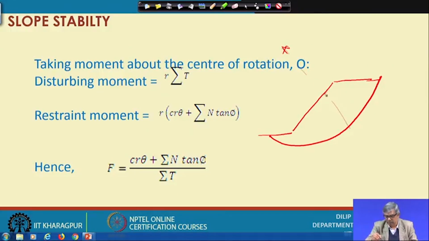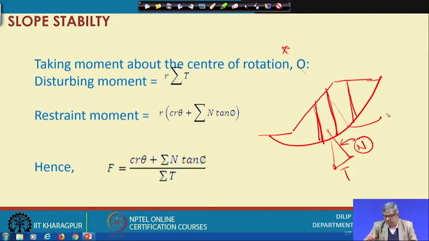If I consider a slice from here, its gravity will work like that, tangential will work there, and normal will be acting there. So, I will find out graphically by reading N and T. Similarly, for each slice I find out T and N.